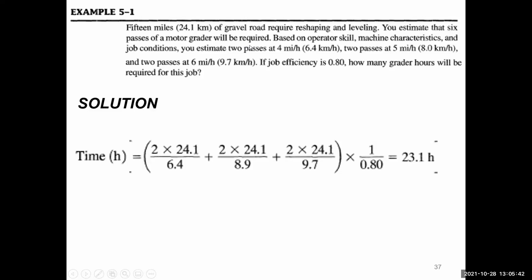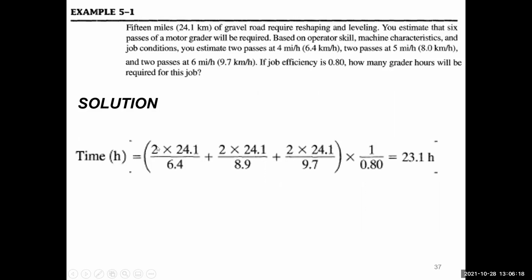Based on the operator skill, machine characteristics, and job conditions, you estimate 2 passes at 6.4 kilometers per hour, 2 passes at 8 kilometers per hour, and 2 passes at 9.7 kilometers per hour. If the job efficiency is 0.8, how many grader hours will be required for this job?